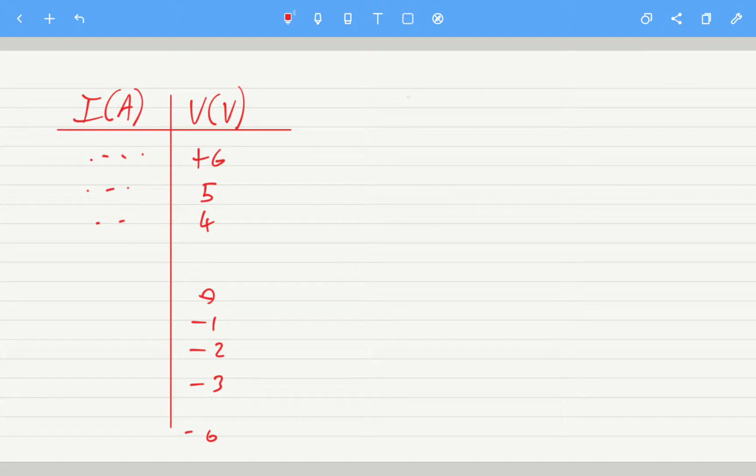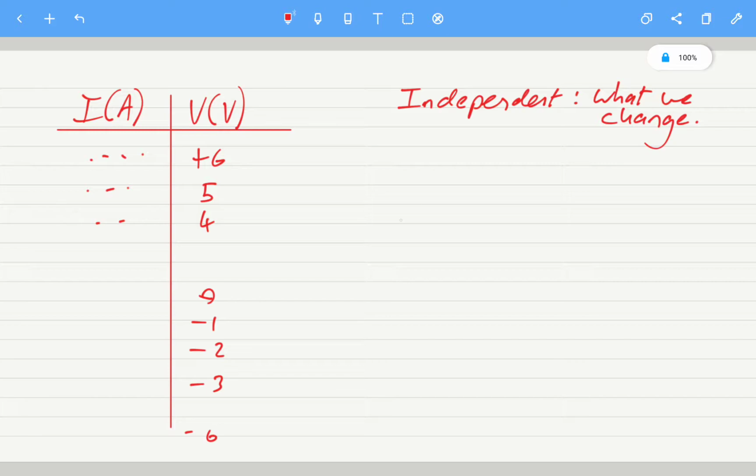There are 2 types of variables that we can talk about for this one. You've got the independent variable, and the independent variable is what we change. And then we've got the dependent variable, and that is what we measure.